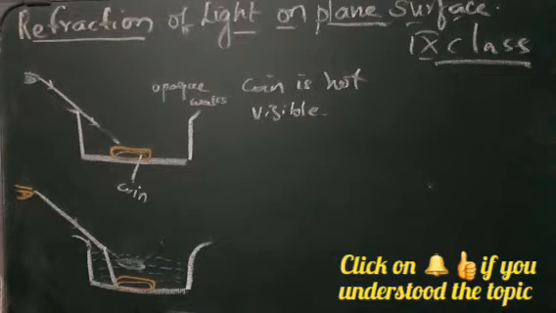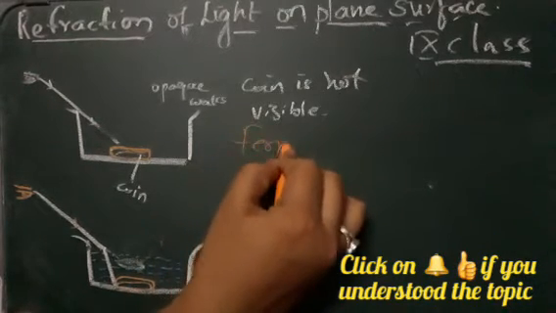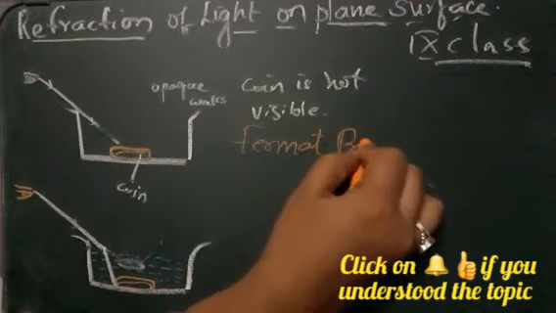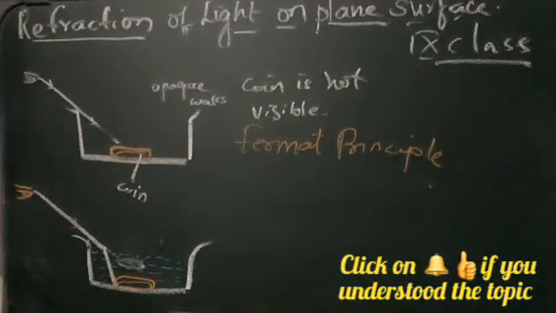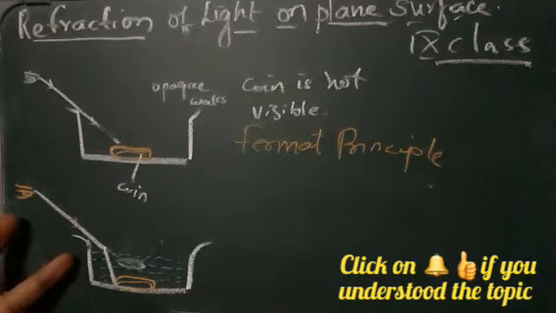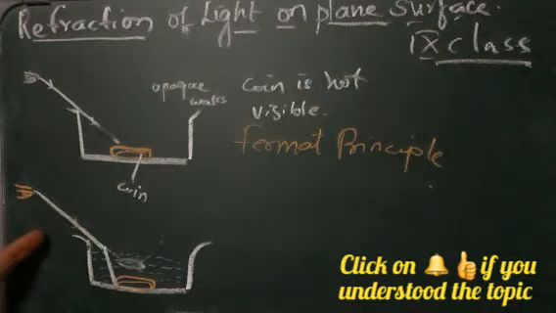So if there arises a question asking why this ray is bending, this can be explained by Fermat's principle. What did he say? Fermat's principle states that the light ray always travels between 2 points in a path which needs the shortest possible time to cover.